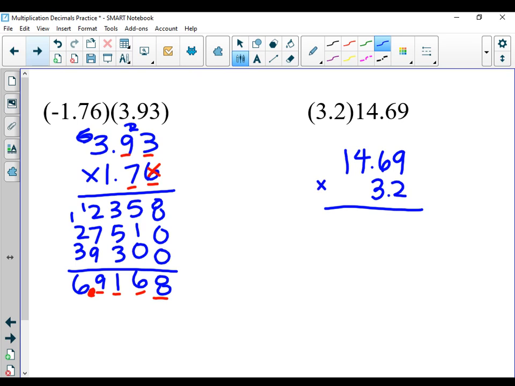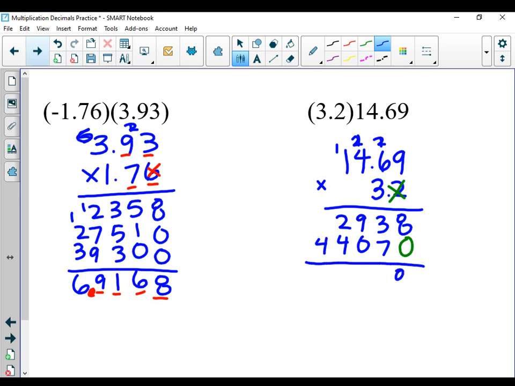Commutative property says you can put it in any order for multiplication. One, two, three.